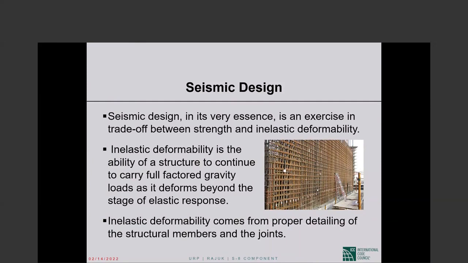The higher the inelastic deformability, the lower the need for strength, and the lower the inelastic deformability, the higher the need for strength. Inelastic deformability is the ability of a structure to continue to carry full factored gravity loads as it deforms beyond the stage of elastic response.